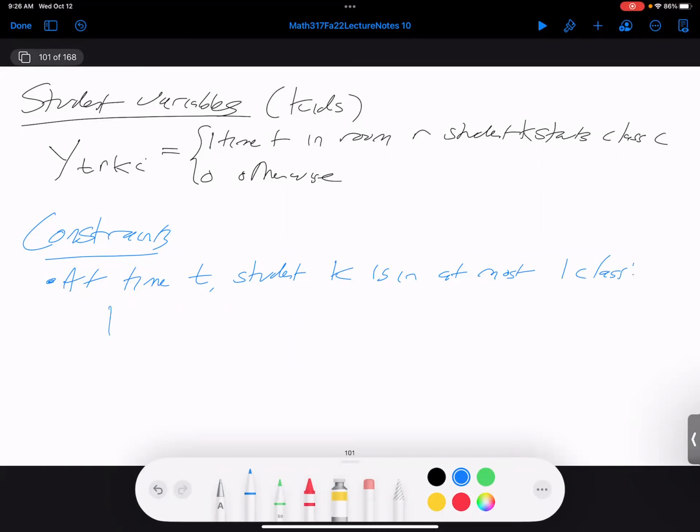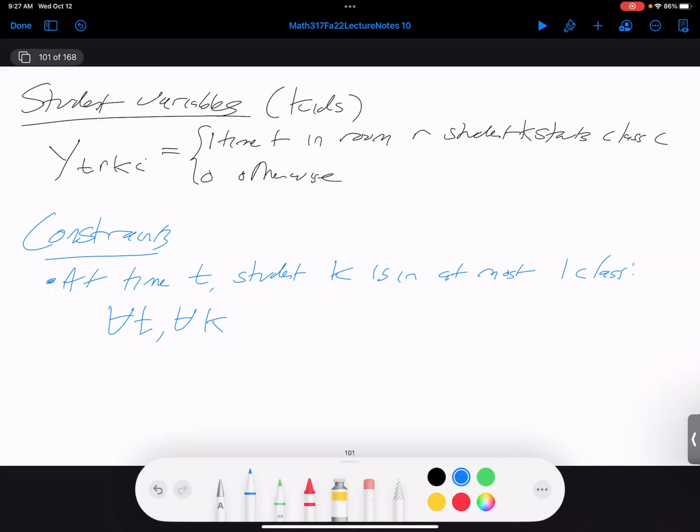So it would be for all times, for all students. And then how would we represent that they're in at most 1 class at that time? Well, I need something involving my variable, some kind of sum.